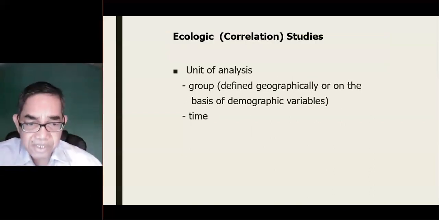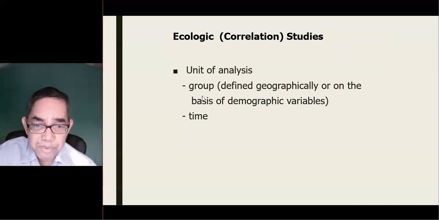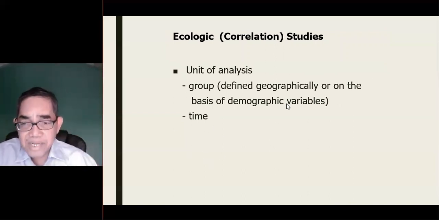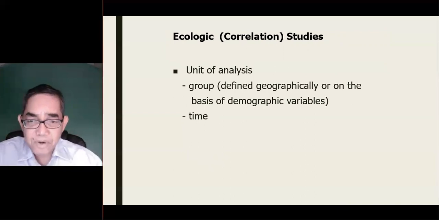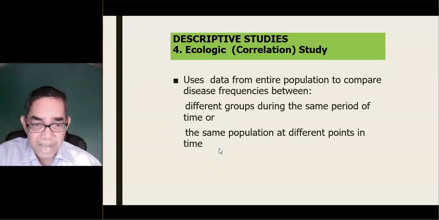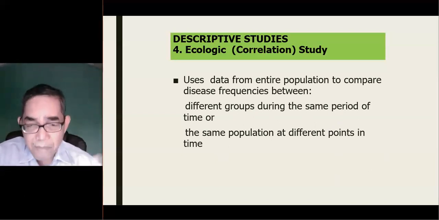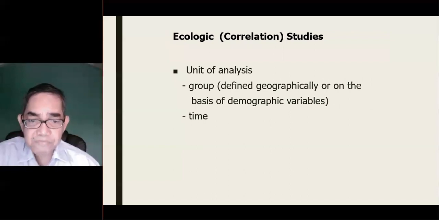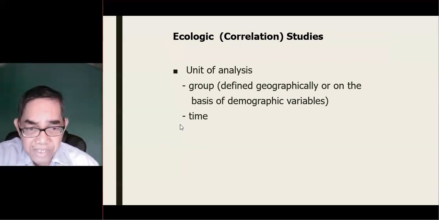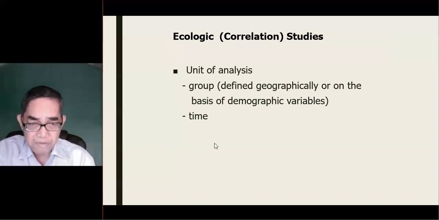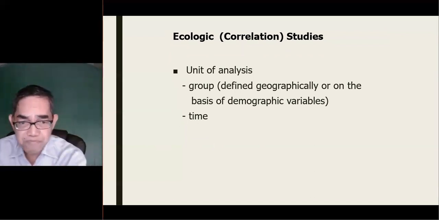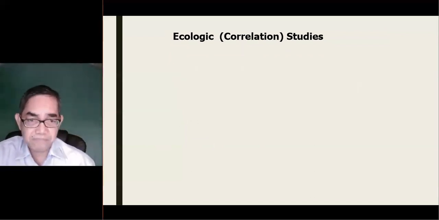So again, the unit of analysis is a group defined geographically on the basis of demographic variables, and then the time, because we can compare the disease frequency with the different groups during the same period of time, or we can talk of the same population at different periods of time, and that is why the unit of analysis can also be time, from one period to another within the same population.